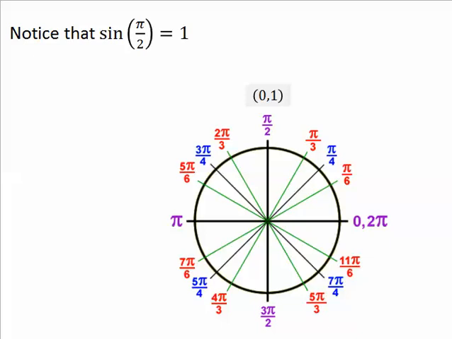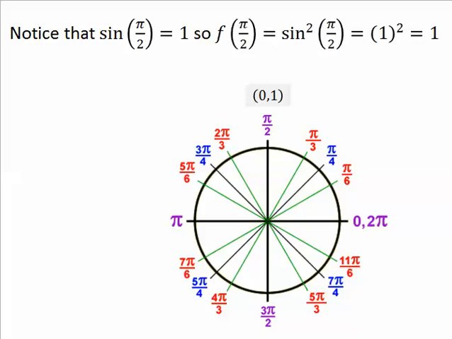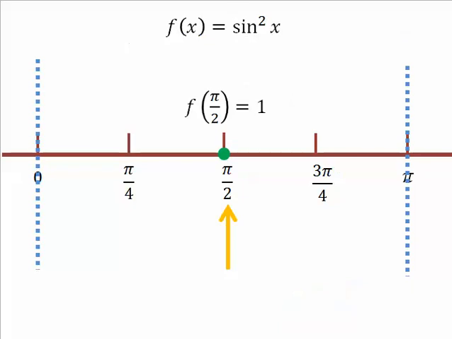So what is sine of pi over 2? Well, that's just equal to 1. And so our function, now not the derivative, but the function itself, has a value of 1 at pi over 2.